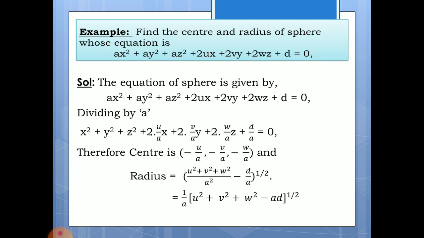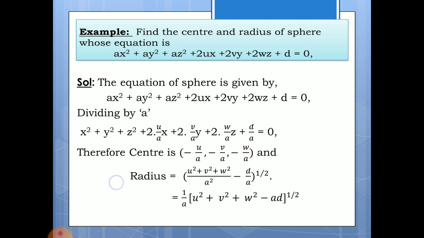Example: find the center and radius of the sphere whose equation is ax² + ay² + az² + 2ux + 2vy + 2wz + d = 0. This is the equation of a sphere in general form. If the equation of a sphere is in general form, you have to remember its radius is (u²/a² + v²/a² + w²/a² − d/a) raised to half.